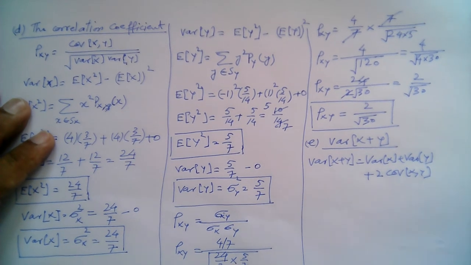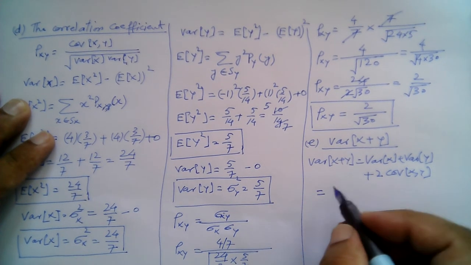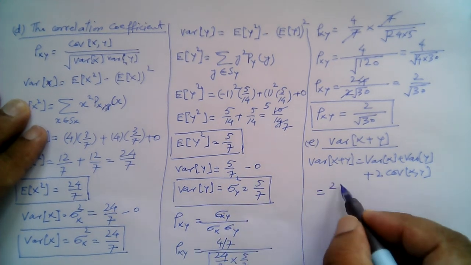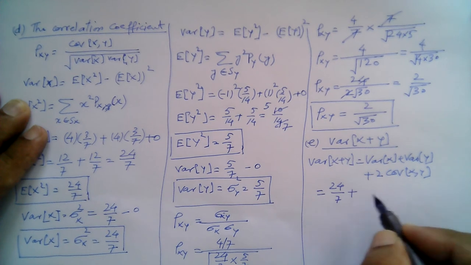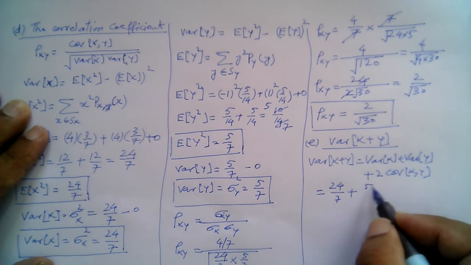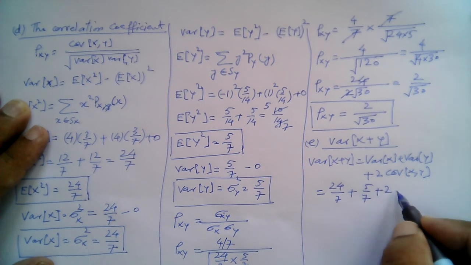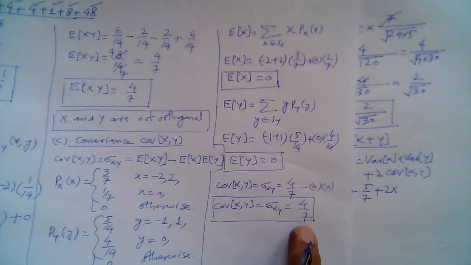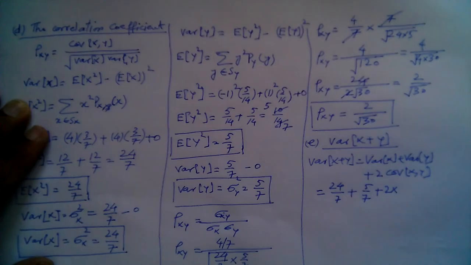The variance of x we calculated was 24 over 7, plus the variance of y, 5 over 7, plus 2 times the covariance of x and y, which we calculated as 4 over 7.